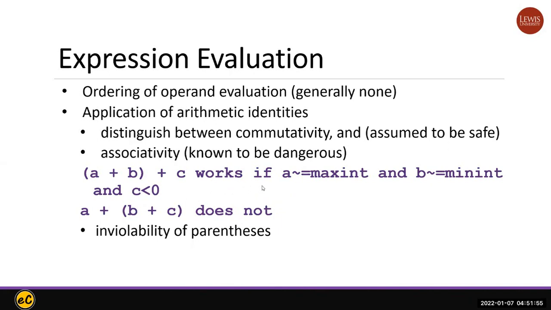It will work. So here actually A not equal maximum integer, and B not equal minimum integer. Here is a condition you will work. You need to avoid the overflow condition.